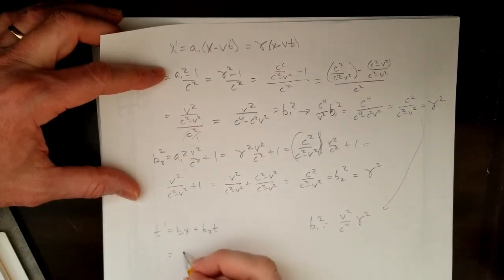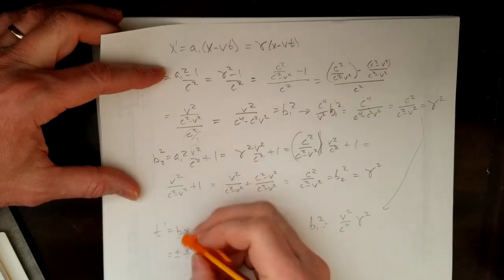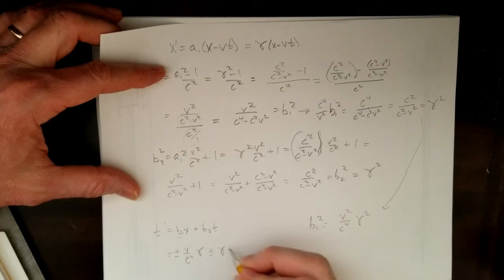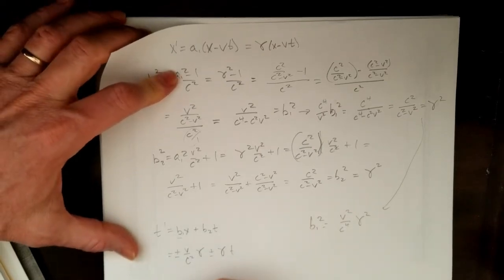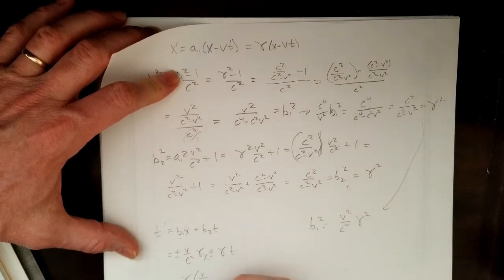So that's equal to, well, this is a b1 and that's a b1 squared, so it's going to be plus or minus v over c squared gamma x plus or minus gamma t, which is gamma v over c squared x plus or minus t.